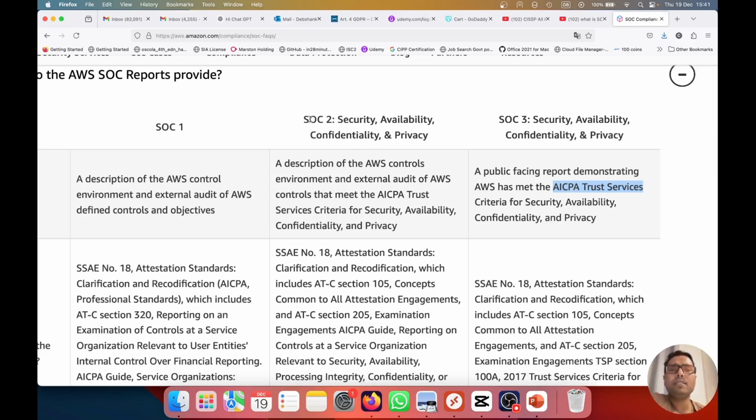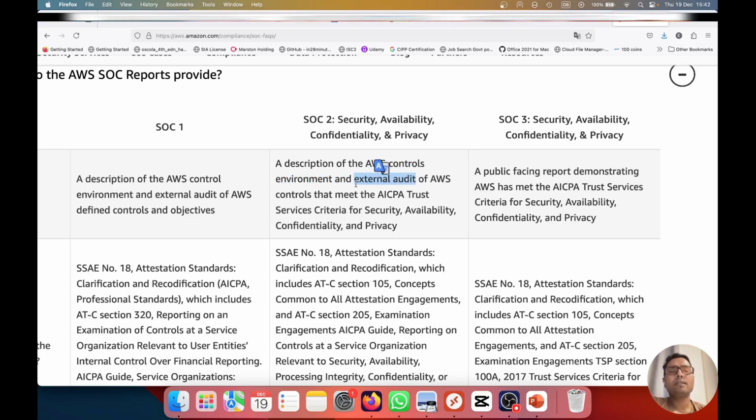Similarly, you can see the same for SOC 2, which covers security, availability, confidentiality, privacy. The SOC 2 report covers the AWS control environment and external audit of AWS controls, against the AICPA trust service criteria.